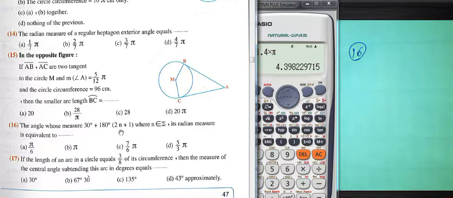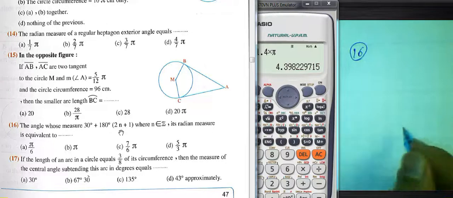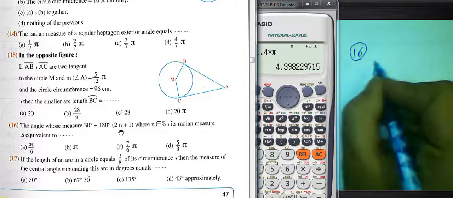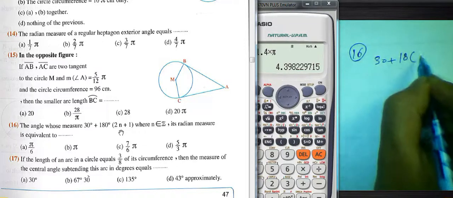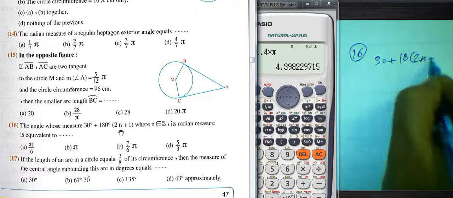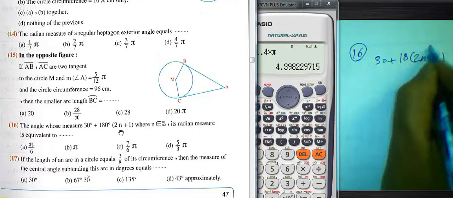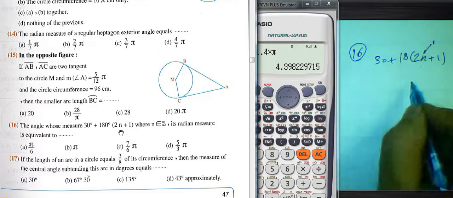You want to find its radian measure. Equivalent, we can put 1 here for n in 30 plus 180 multiplied by 2n plus 1.